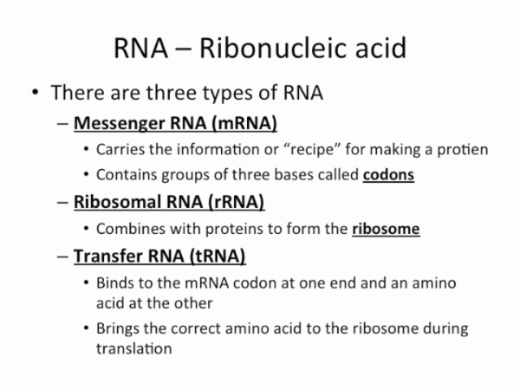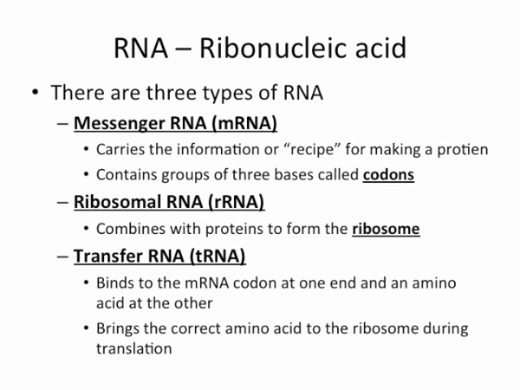And in addition to interacting with ribosomal RNA in terms of the ribosome, we're also going to see a third kind of RNA called transfer RNA, or tRNA, which will actually be the thing that physically reads the message in messenger RNA. tRNA, transfer RNA, will bind to the mRNA codons, the mRNA sequence, at one end of the tRNA, and at the other end it's going to have an amino acid with it.